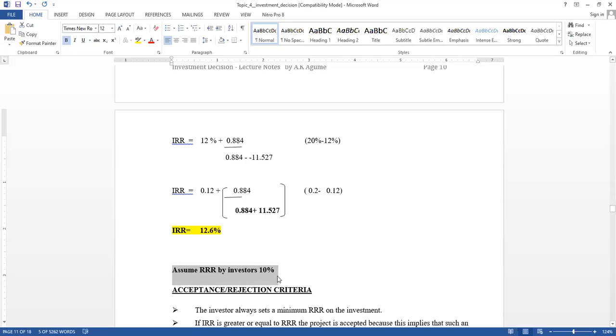But if it was above, maybe 15, then we would reject.